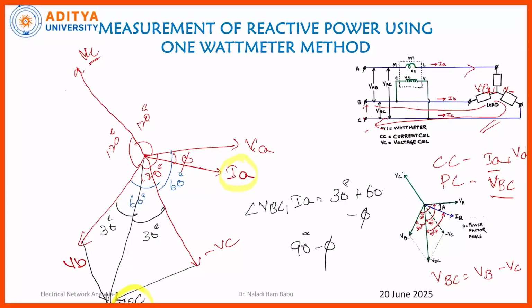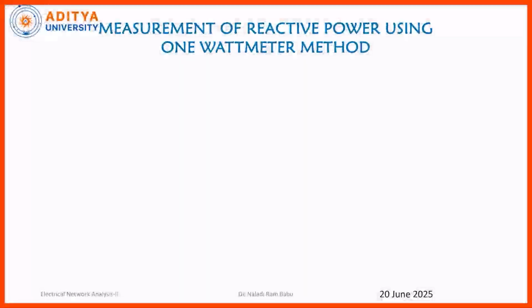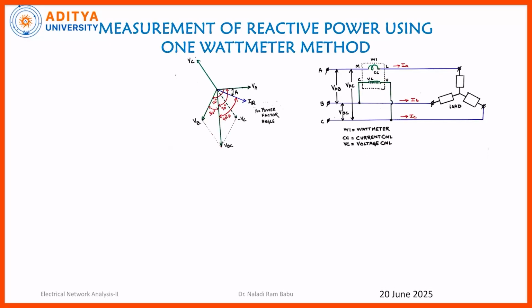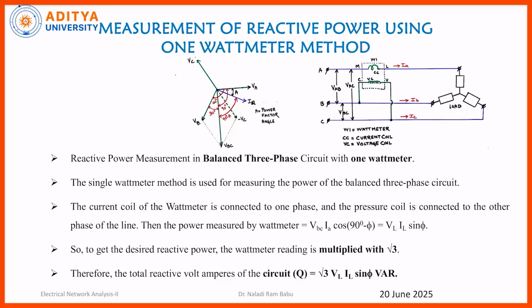Now, we need to write the power equations. The power P is equal to VBC, IA and the cosine of the angle between them. The angle between them is 90 minus phi.